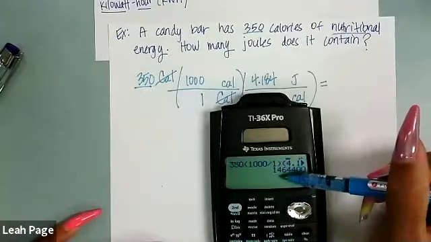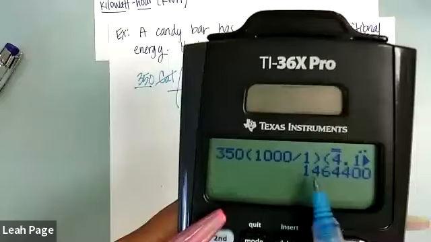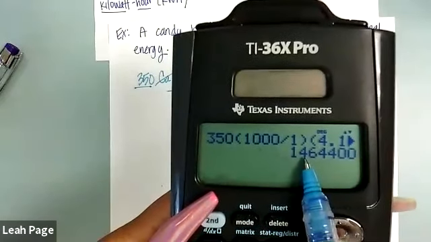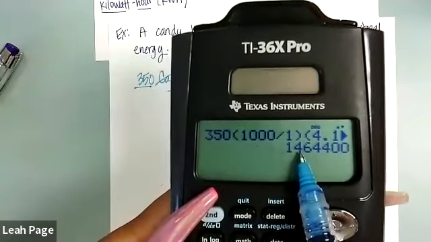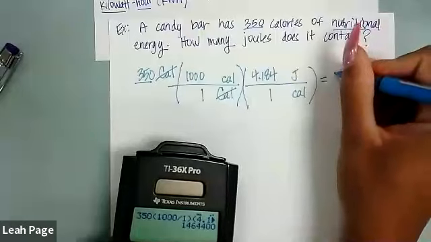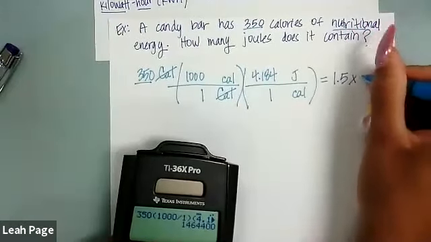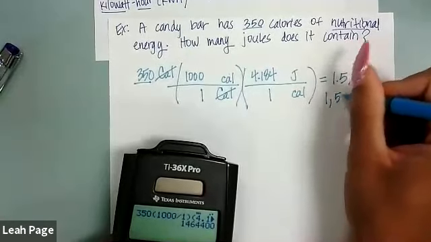Perfect. Did we see this, guys? 1, 2, that's my 2 sig figs, and then I look to the right and round this 4 up to a 5, and everything else after that is 0. So I can say 1.5 times 10 to the power of 6, or 1,500,000.